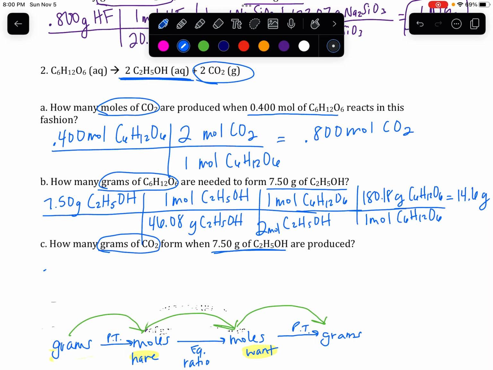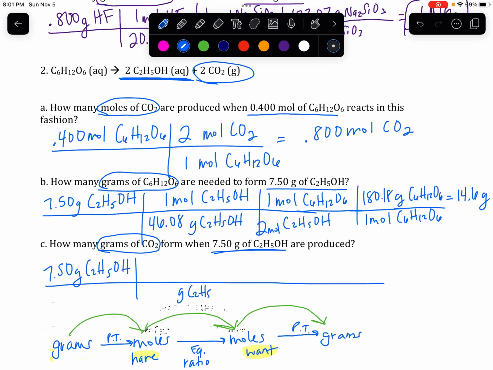I'm going to start by putting what I'm given. Since I have grams on the top, I know I have to put grams on the bottom, and I know that's always equal to 1 mole, because that's just the molar mass.